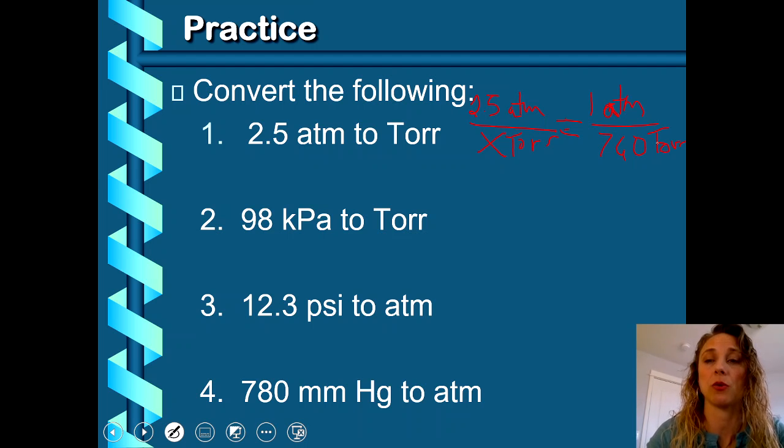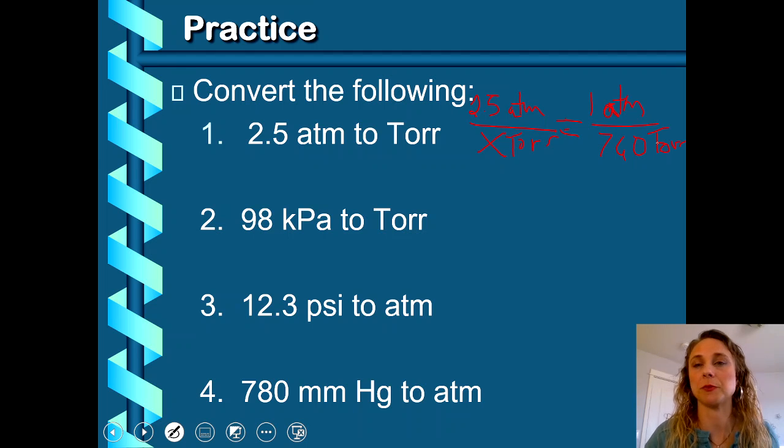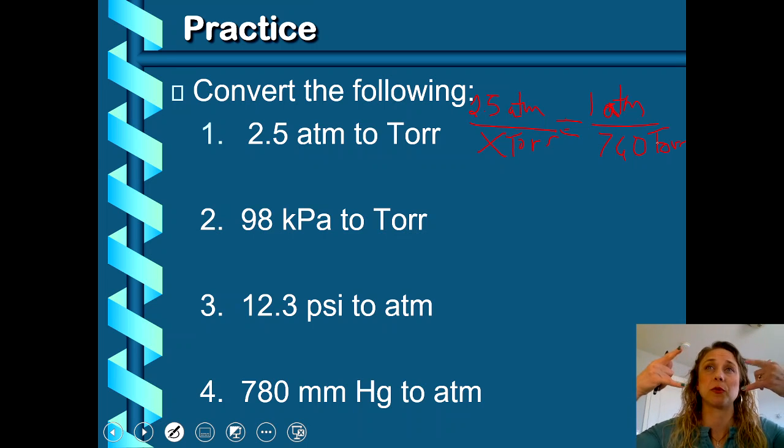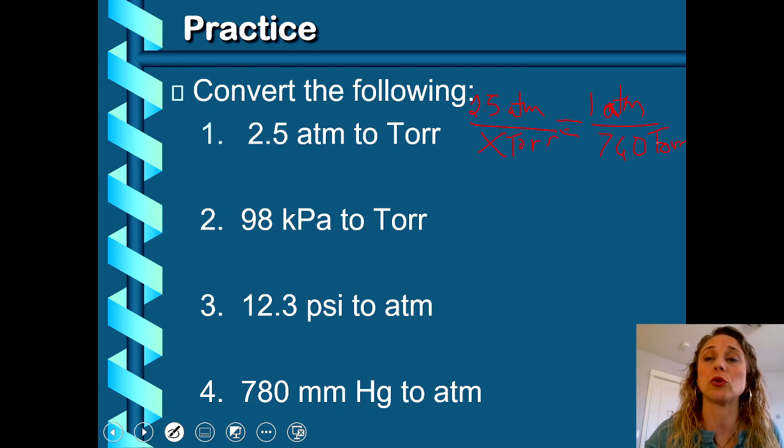It's okay if you want to use millimeters of mercury, as long as you don't get confused. Remember that you have an equal sign, so both of the units on top need to match, and both the units on the bottom need to be equal. Do your cross multiplication, or multiply by the reciprocal, however you learned it. So you get 760 times 2.5 ATMs.